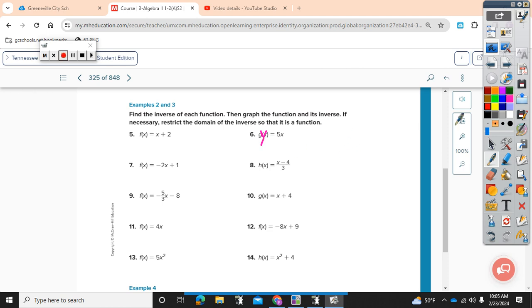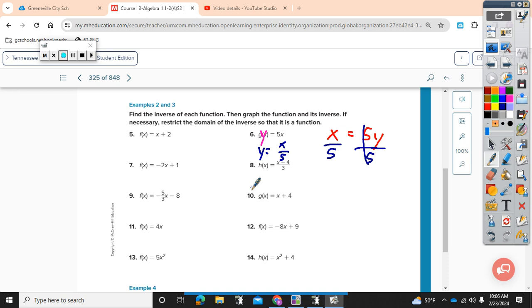Most people I've found that really struggle is, for one, they just forget the first step, which is to switch x, y, and then they really just struggle with that middle school equation solving. If I have x equals 5 times y and I want to solve for y, the opposite of times 5 is divide by 5, and so my inverse is going to be y equals x divided by 5.